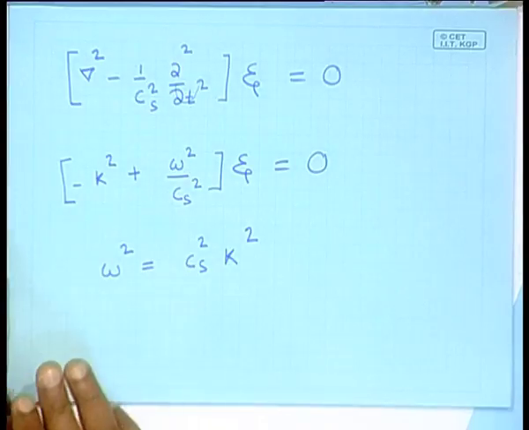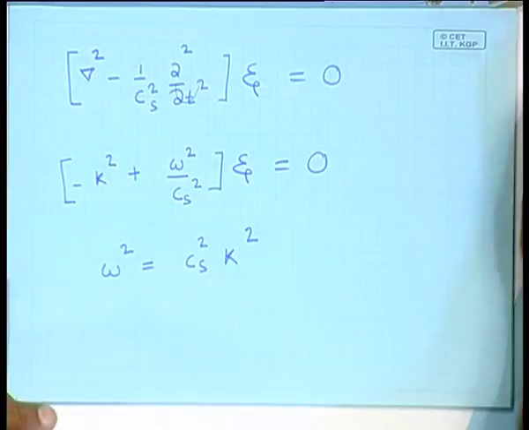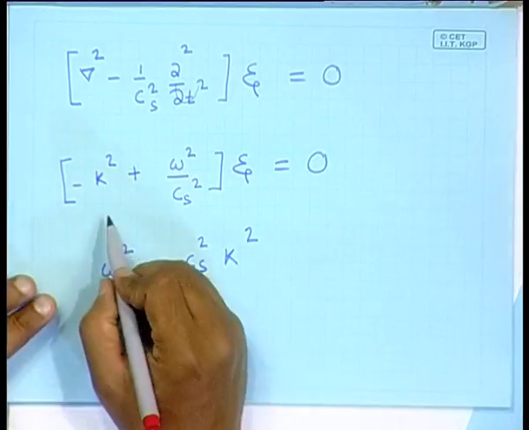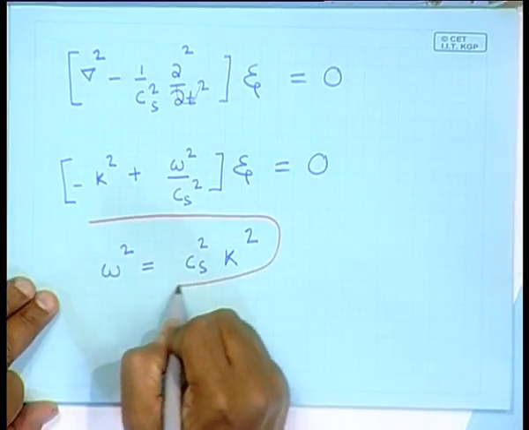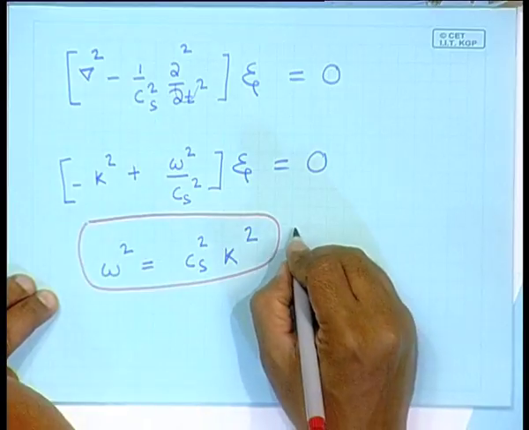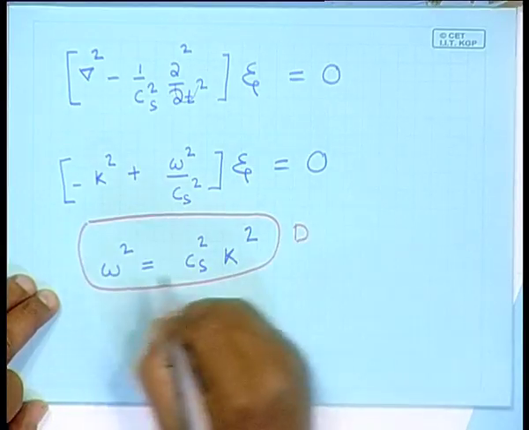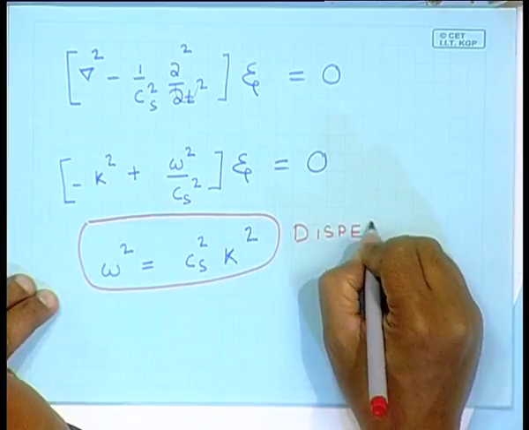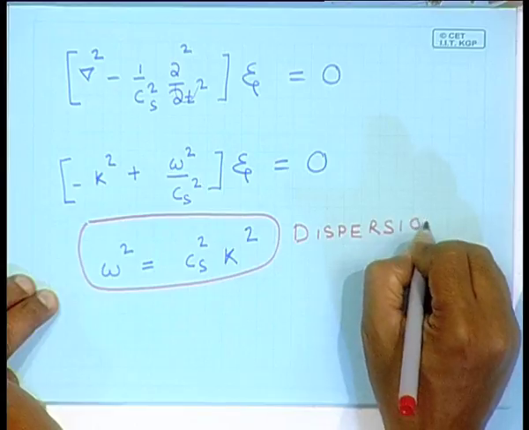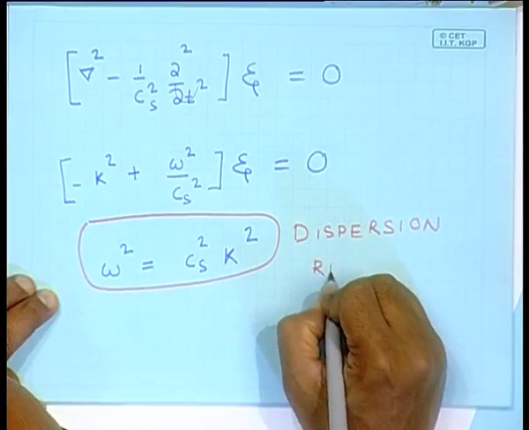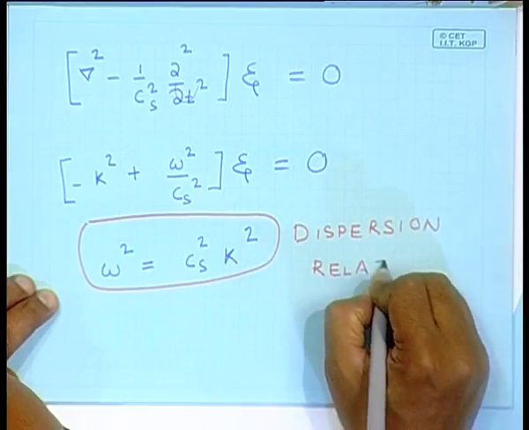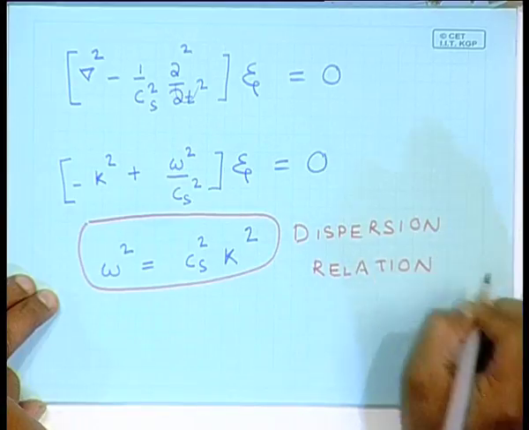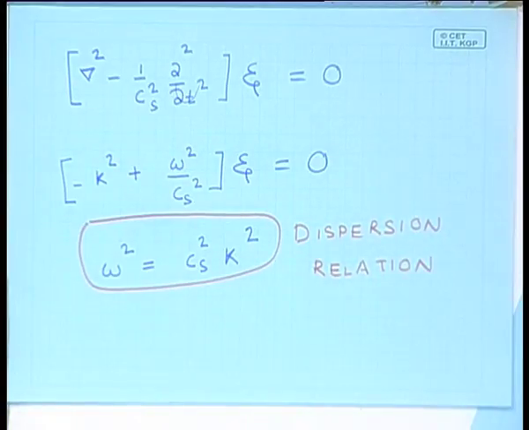Such a relation between the wave number and the angular frequency is called a dispersion relation. And the dispersion relation plays a very important role in the study of waves.